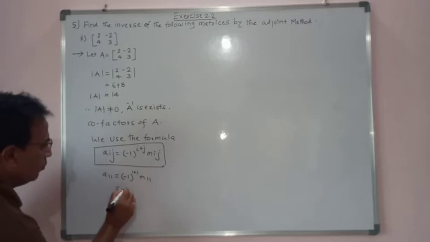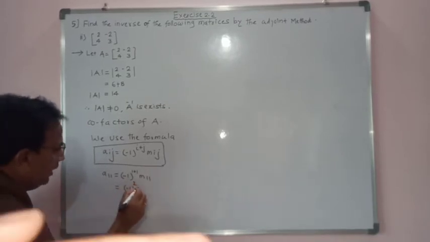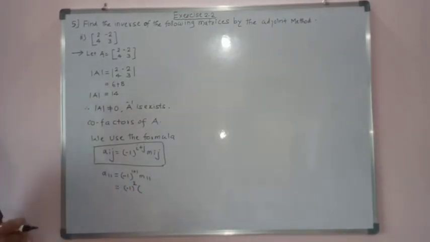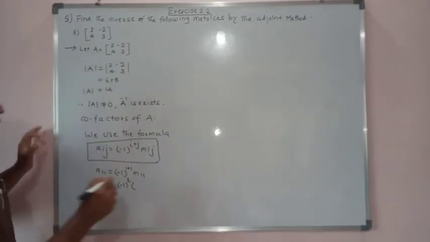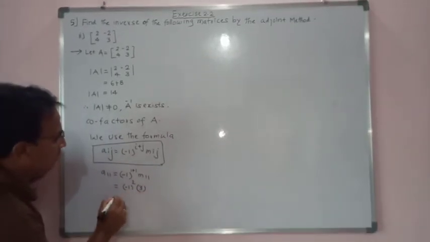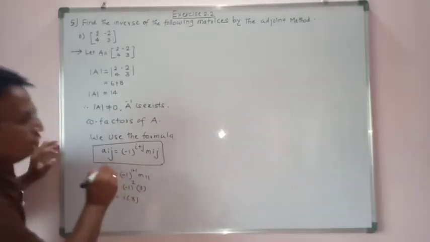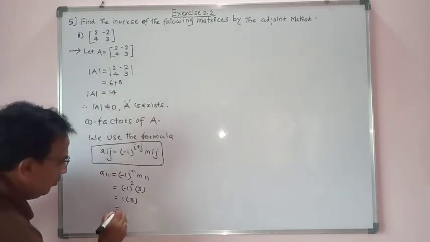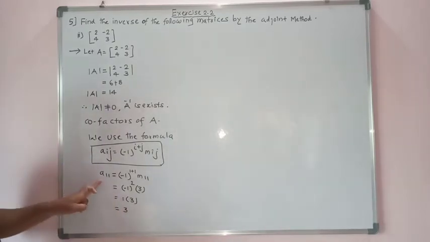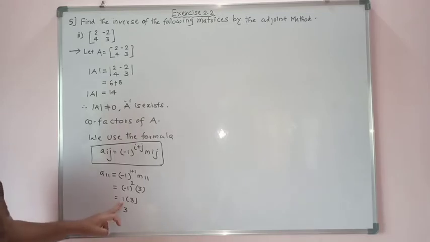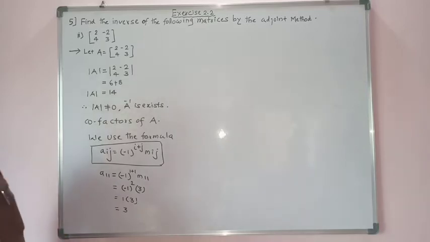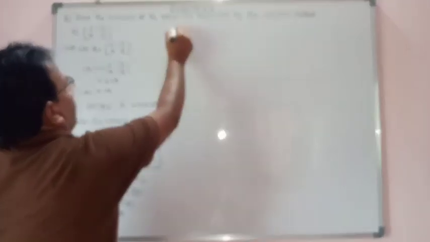What is the value of M11? Leaving the first row and first column, this minor is 3. So 1 into 3 is 3. The first cofactor is 3.